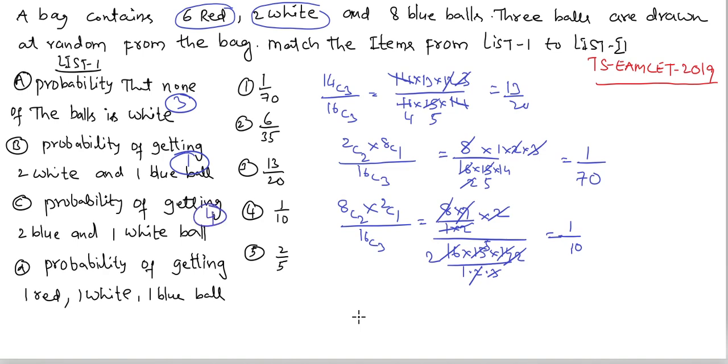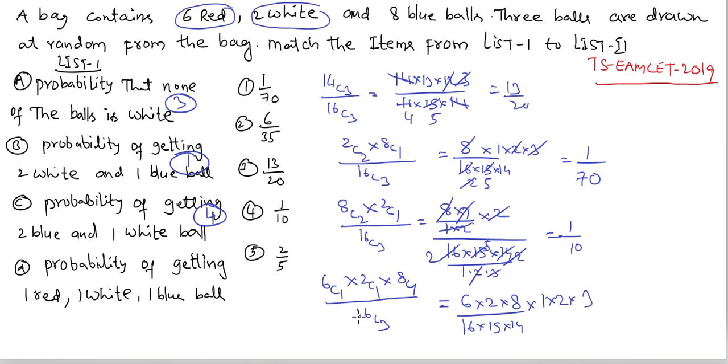And last one, D, probability of getting 1 red and 1 white, 1 blue ball. 1 red ball means 6C1 and 1 white ball, that is 2C1, 1 blue ball, that is 8C1 by 16C3, is equal to 6 into 2 into 8 by 16 into 15 into 14 by 1 into 2 into 3.